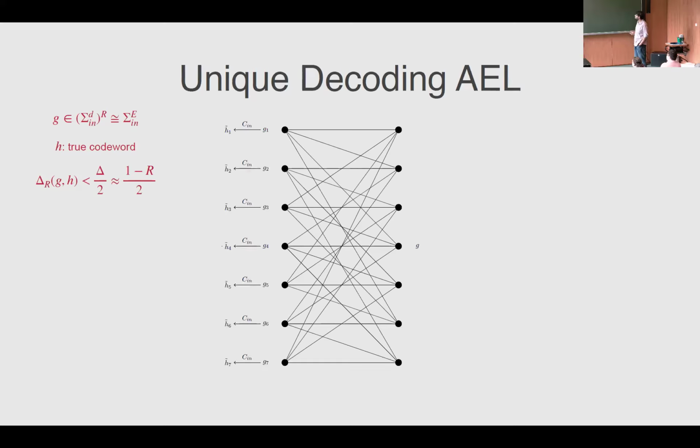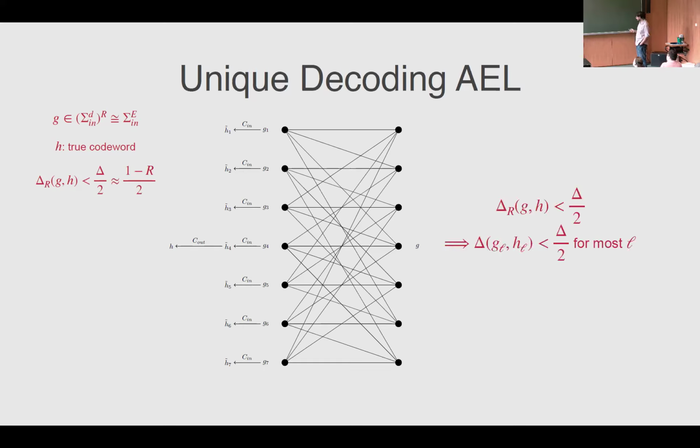The unique decoder simply decodes each of these g_i that it sees on the left side. And we'll get some different h_1 tilde, h_2 tilde up to h_7 tilde in this case. And then it applies the base code, or what I was calling the outer code here. It applies the unique decoder of the outer code.